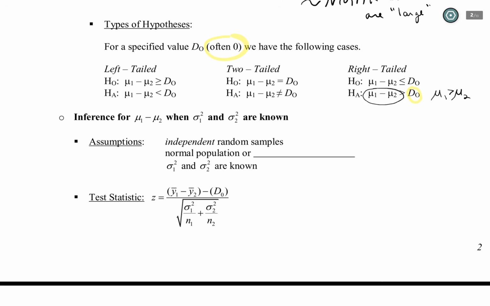That's a right tail test. Left tail test would be mu1 minus mu2 is less than d naught in the alternative, and the two tail test is that mu1 minus mu2 is not equal to d naught in the alternative.